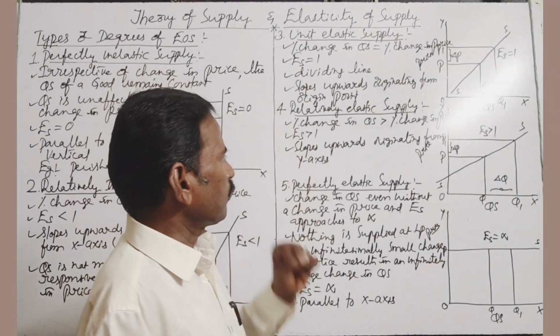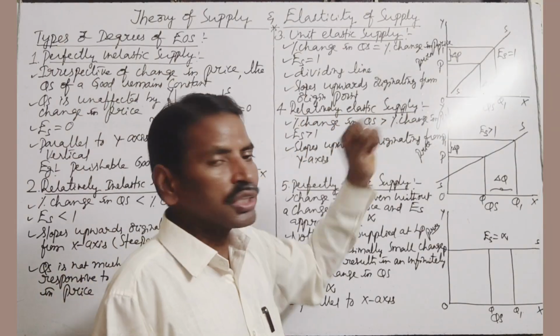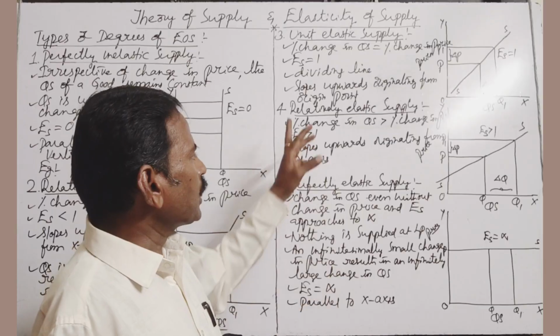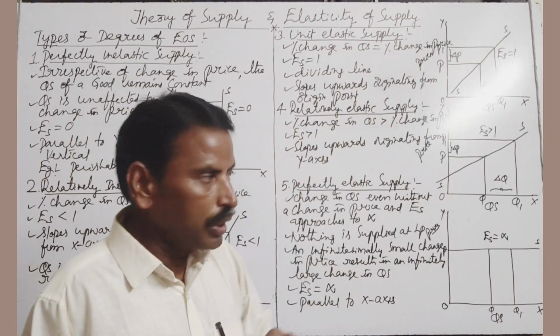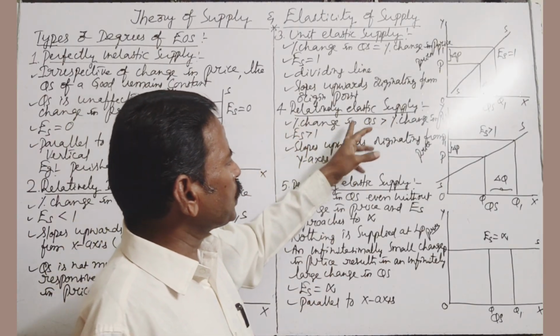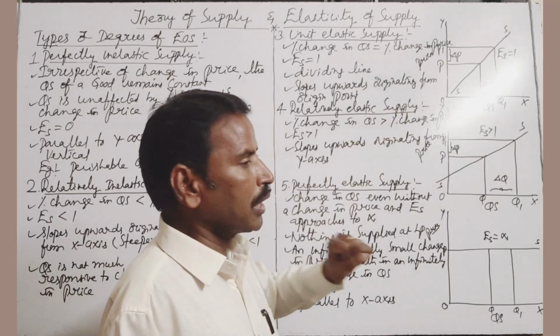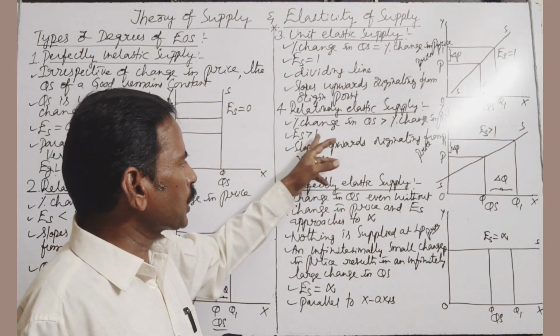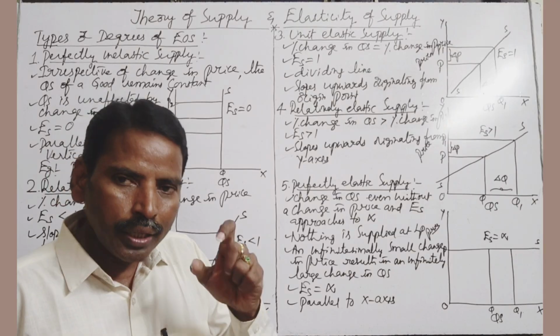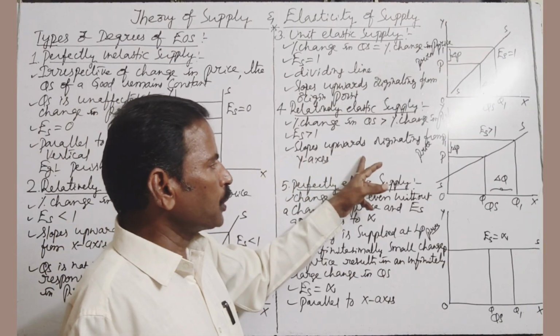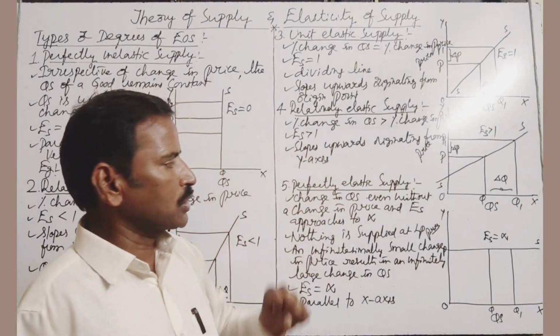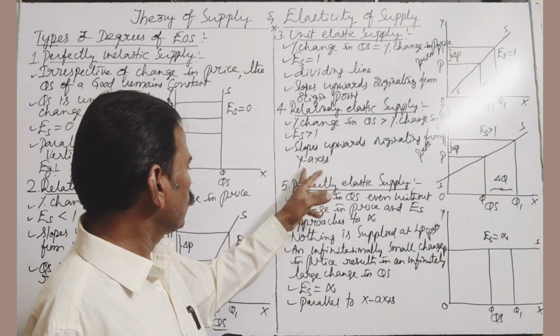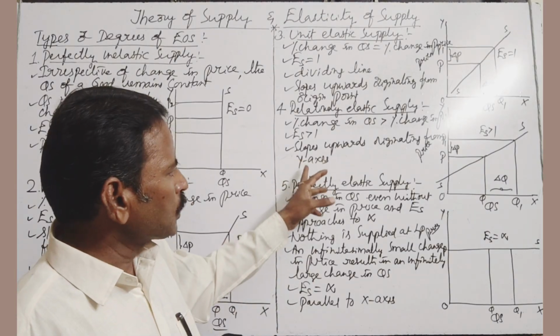Next, fourth one, relatively elastic supply. Relatively elastic supply means percentage change in quantity supplied is greater than percentage change in price. That means ES is greater than 1. The supply curve slopes upwards originating from the y-axis.